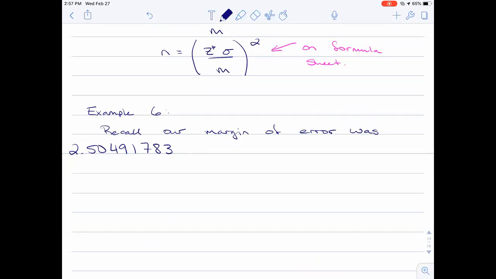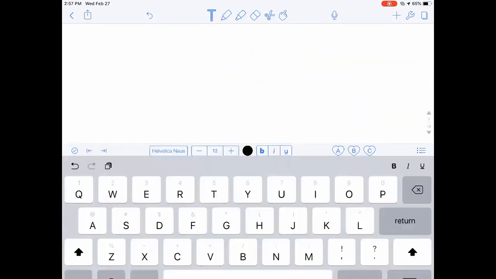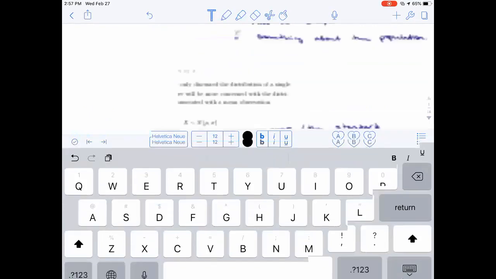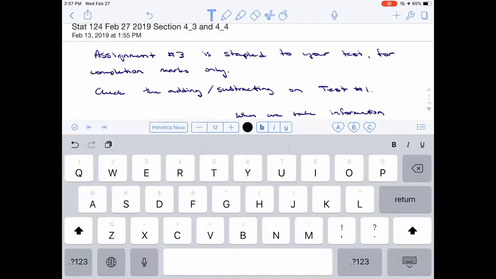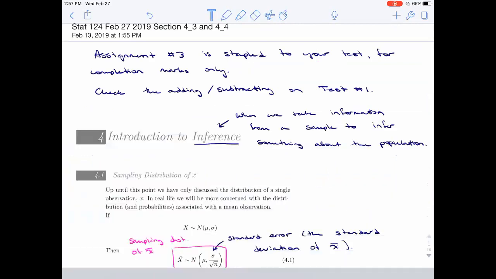Was 2.5. Oh my goodness, what happened? We keep up.